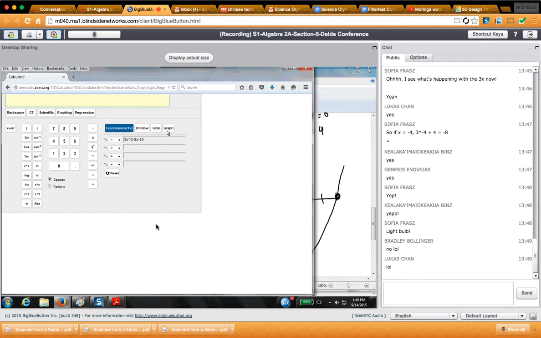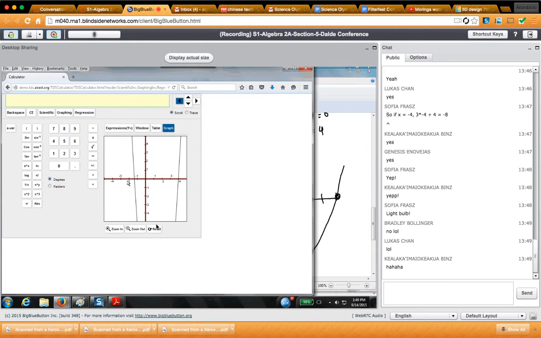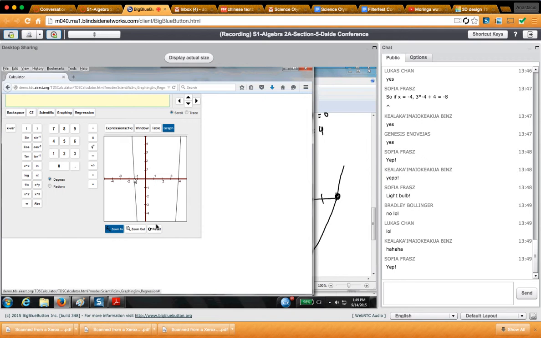Let's take a look at the graph. Oh, okay. Let's zoom out a little bit. All right. Well, let's zoom in real quick. Do you see the x-intercept happens at 4 and also negative 1 1/3? Let's take a look at that y-intercept. Instead of zooming out, I'm just going to trace it down.